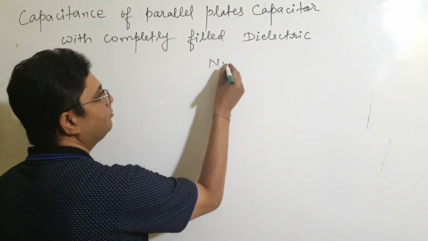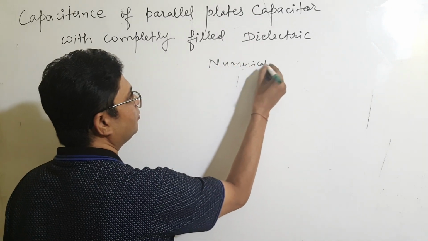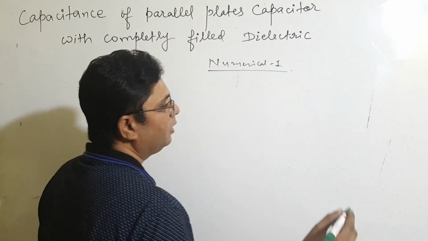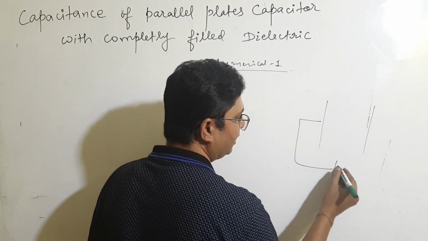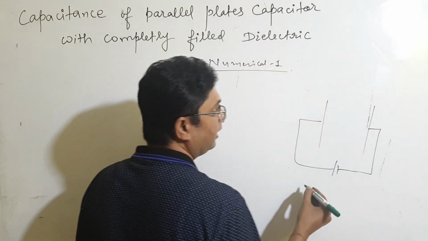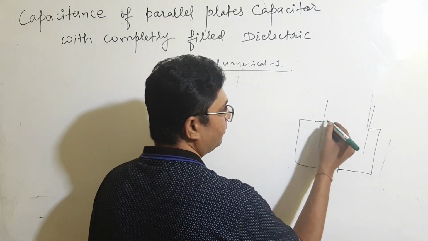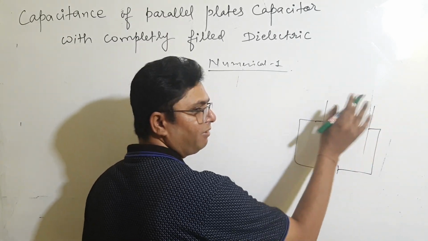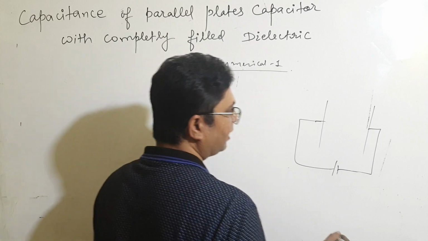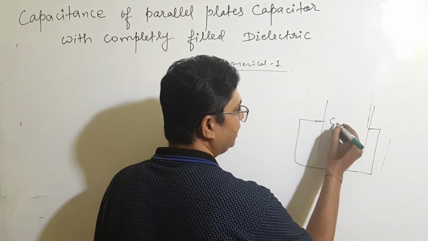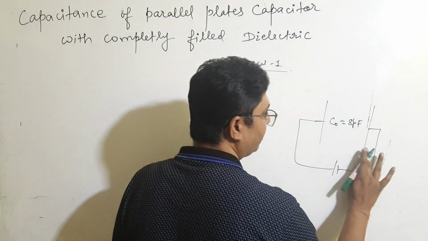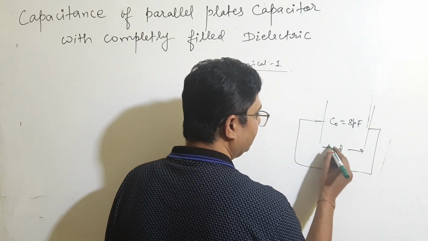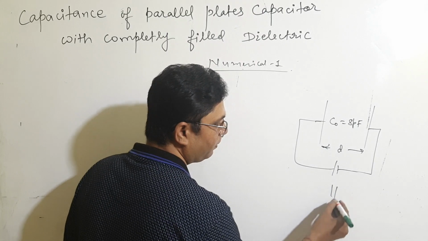Numerical number 1. Suppose there are two plates connected with a potential source, and when there is a vacuum between the plates, C naught equals 8 picofarad, with distance D. Now what will we do?